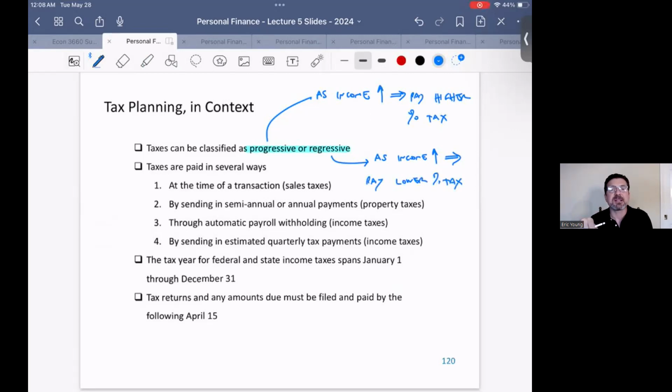Well, by percent tax, what we mean is the amount of tax that you pay in dollars divided by your income. In other words, progressive taxes mean higher income earners pay a higher percentage rate of tax. A regressive tax means that higher income earners pay a lower rate of tax. Now, there's some subtlety there, and we can explain it later, but just know that for now.